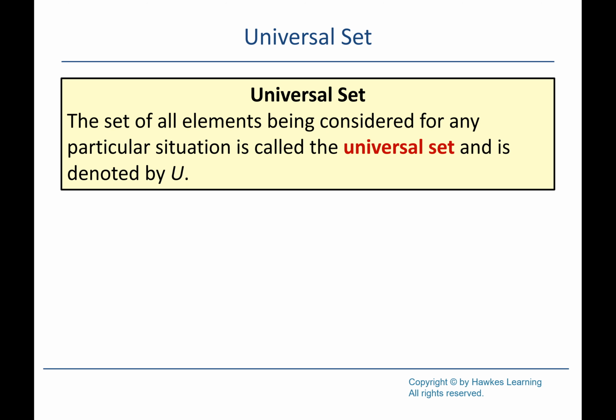If we're dealing with a set that contains people that live on planet Earth, then the universal set would be the set that contains all the people that live on planet Earth. It's contextual. It depends on the circumstance you're working in, how you think about the universal set. And we just represent it by U. Get that idea? Universal set.